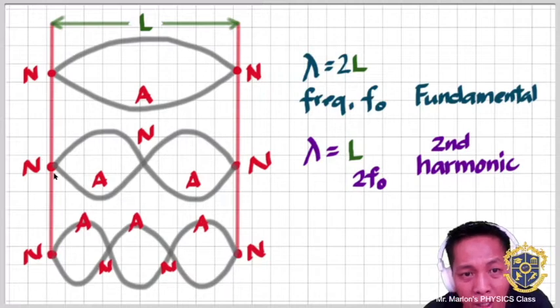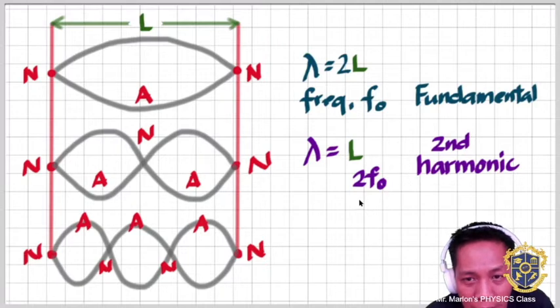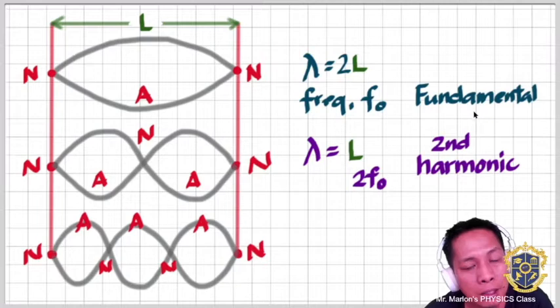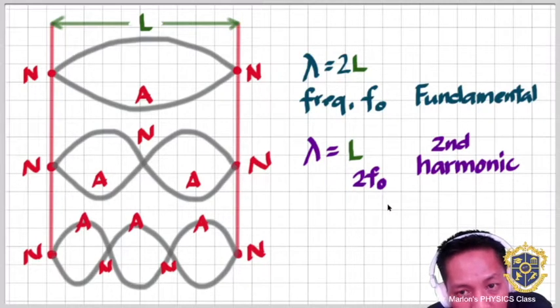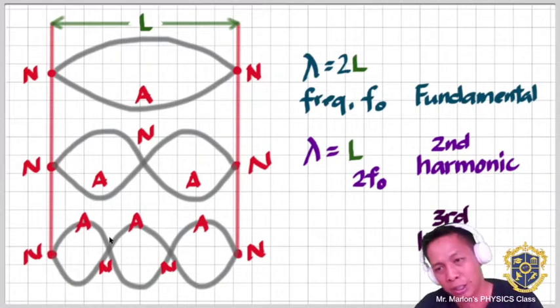Now, based on the number of waves that you can produce per second, if you have this, which is called F sub 0, we can say that relative to that, the frequency of this stationary wave here should be twice the frequency of the first one. That's why I wrote here 2F sub 0. So first harmonic, second harmonic, and you can guess that this one here should be called third harmonic.